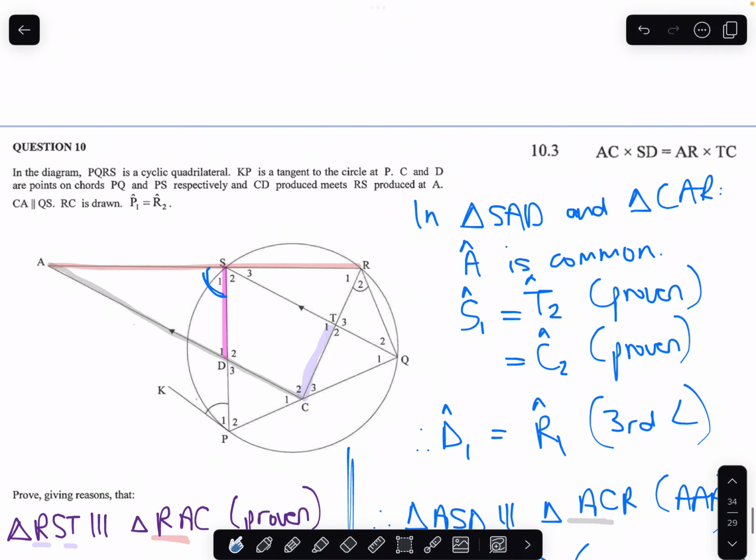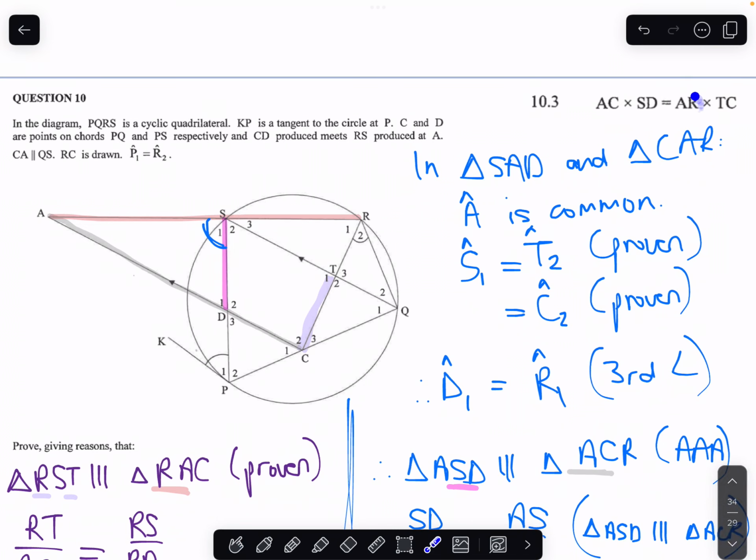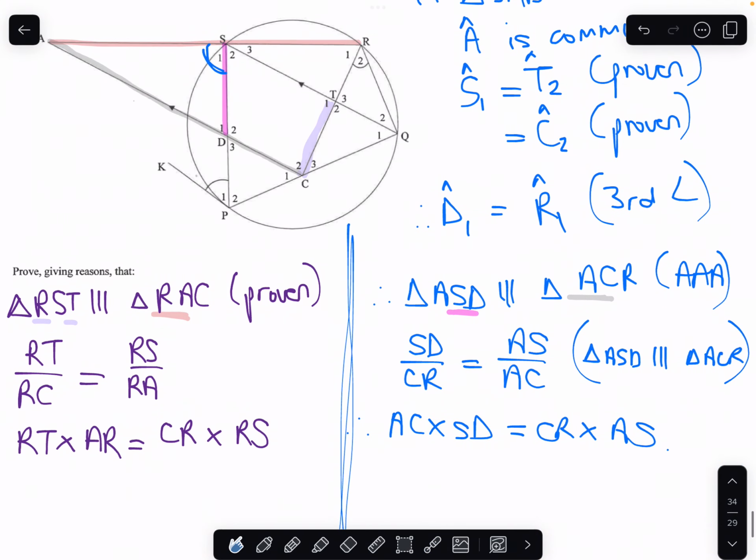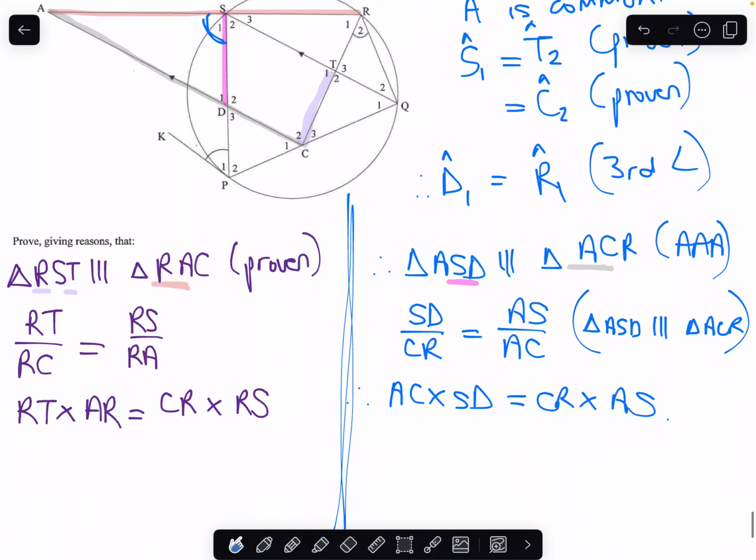so how close are we to what we want? We've got the AR, okay, but then we've got TR here instead of TC. So I'm just going to rewrite this TR so that it's in terms of TC instead, right? So I can do that by saying CR minus TC, right?